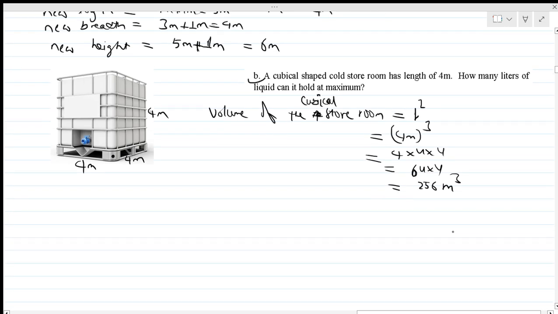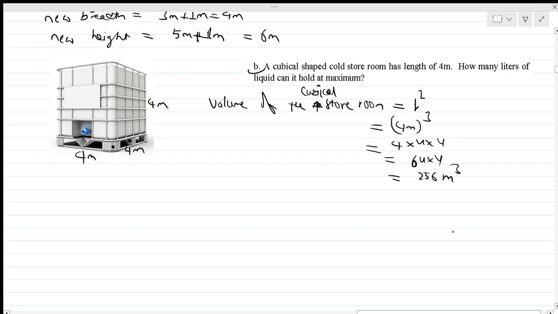After finding the volume of the storeroom, we need to understand how many liters it can hold per meter cube. We need to know that 1 meter cube holds 1000 liters of water or liquid.